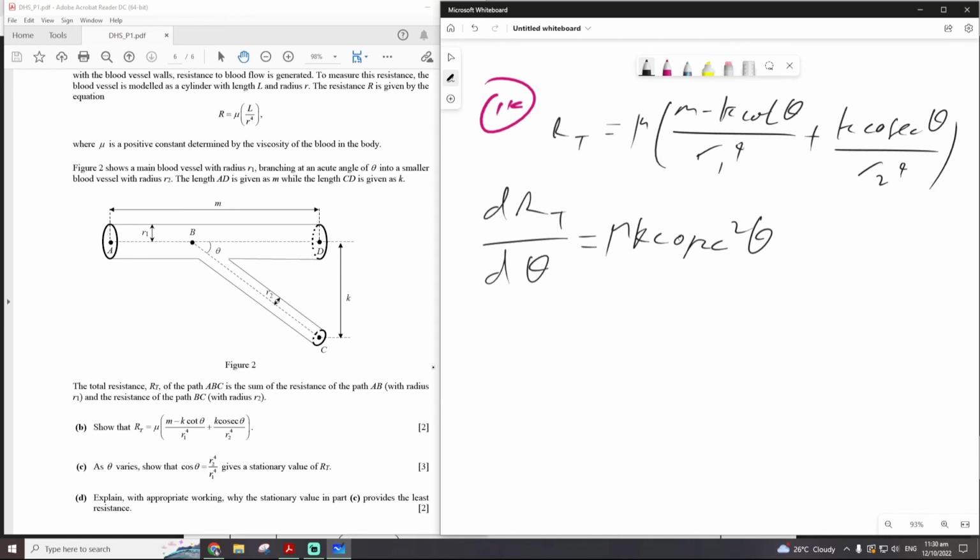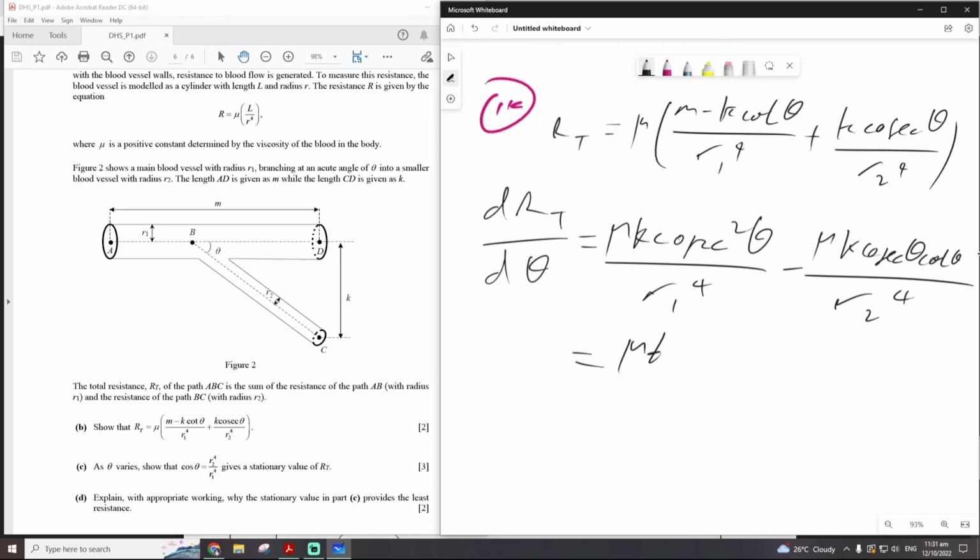When you have cosecant theta, differentiate this, you'll get negative cosecant theta cotangent theta. So you'll get minus, this one is divided by R1 power 4, then minus mu K cosecant theta cotangent theta divided by R2 power 4. What I'm going to do is factor out mu K cosecant square theta. This will give me 1 over R1 power 4.